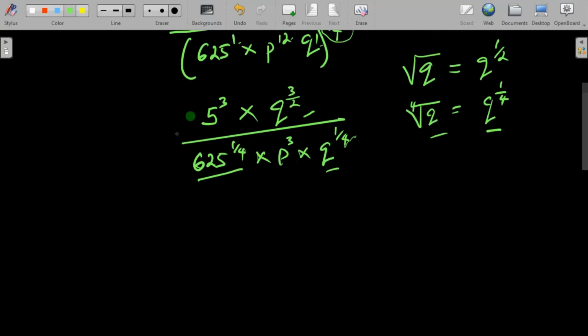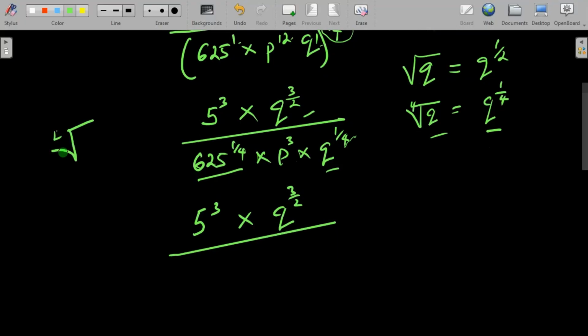So I will now have here 5 to the power of 3 multiply q to the power of 3 over 2 divided by the fourth root of 625. That actually means the number that will multiply itself 4 times to give us 625, and the number is 5. So the fourth root of this means 5. Then multiply p to the power of 3, then multiply q to the power of 1 over 4.